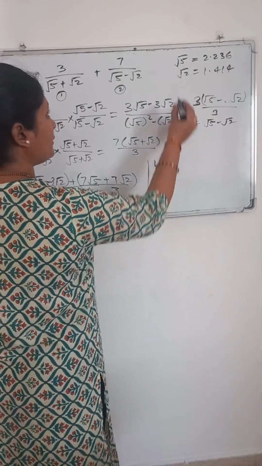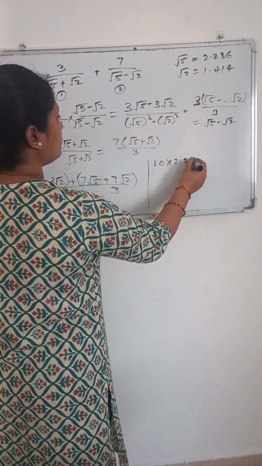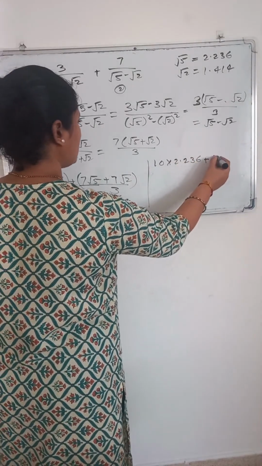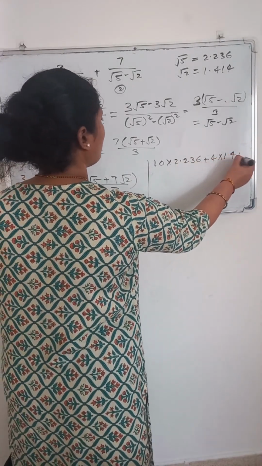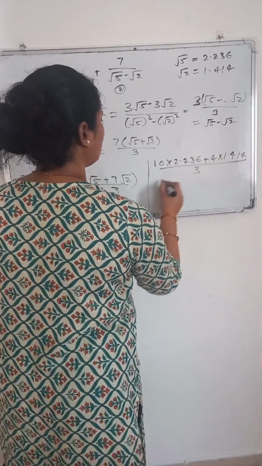Now once you get this, substitute the value for root 5. 10 into root 5 is 10 into 2.236, plus 4 into 1.414, divided by 3.